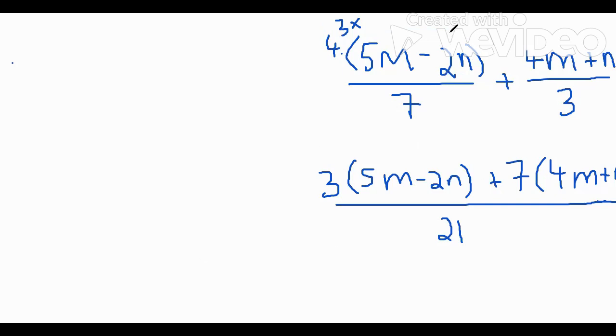Don't follow anybody. They multiply everything by 7. I don't know which maths teacher told them that. Don't do that. That's very dangerous, and there's a reason why you shouldn't do that.